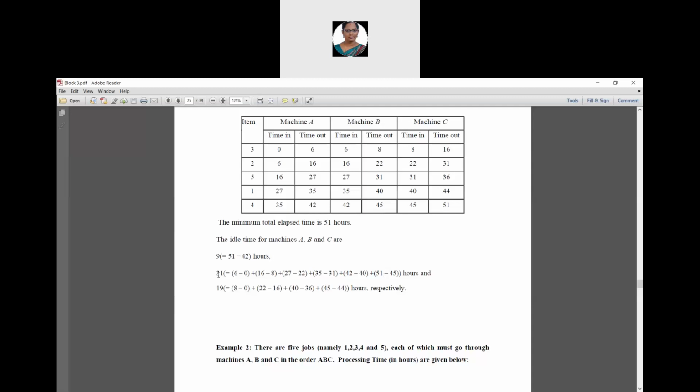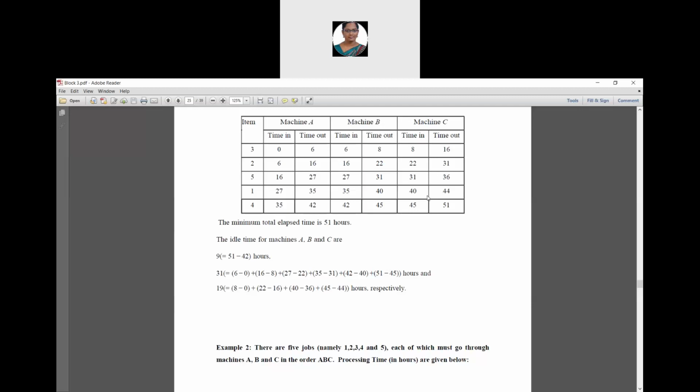And idle time for machine C. For that also we have to check whether a difference is there or not: 22 and 16, 31 and 31, 40 and 36, 45 and 44. Yes, of course, a difference is there.